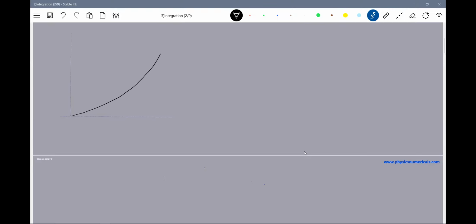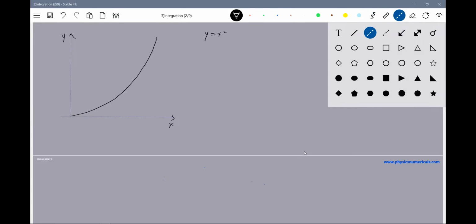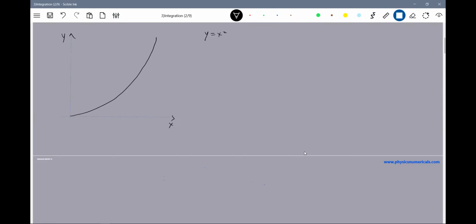Already everyone knows this. Not a straight line, there is some sort of curve, I'll bring it. This is y, this is x. So what is this curve corresponding to y equal to x square? Now similarly, let me bring the same 4 and 6 on x here.